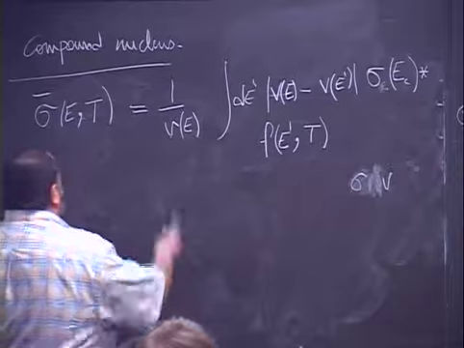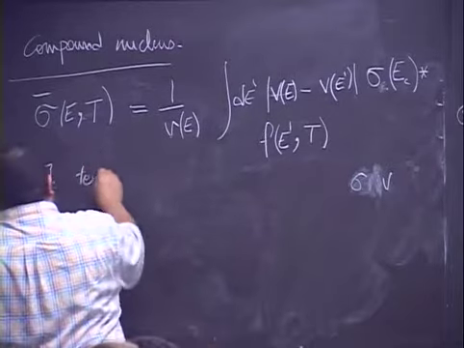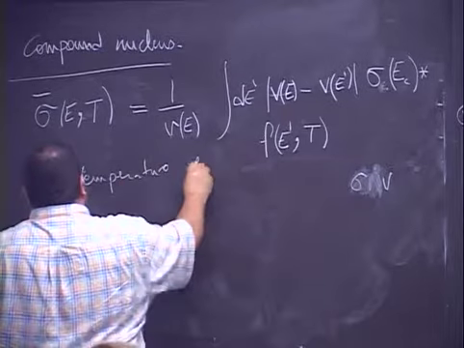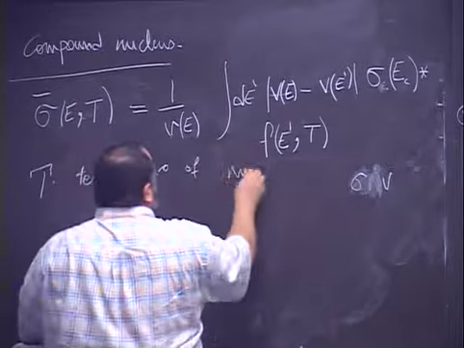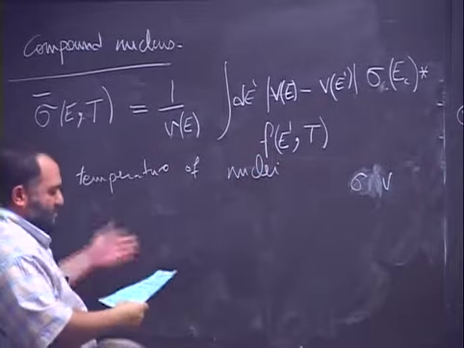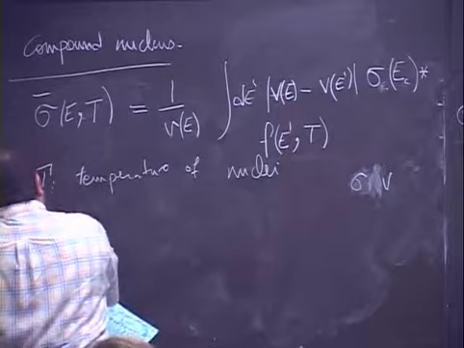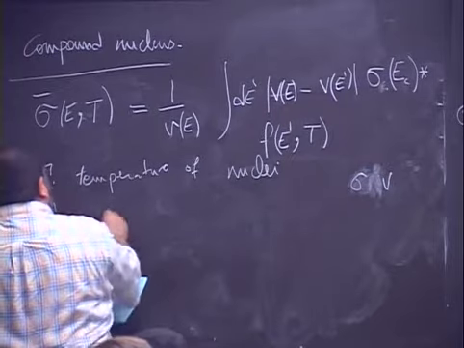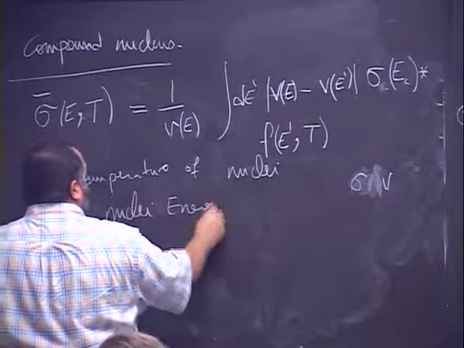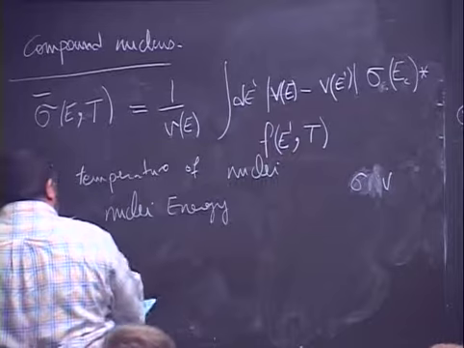So T is the temperature of the nuclei, the water in this case, or the absorber. And E prime is just the nuclei energy. And E is the neutron energy.